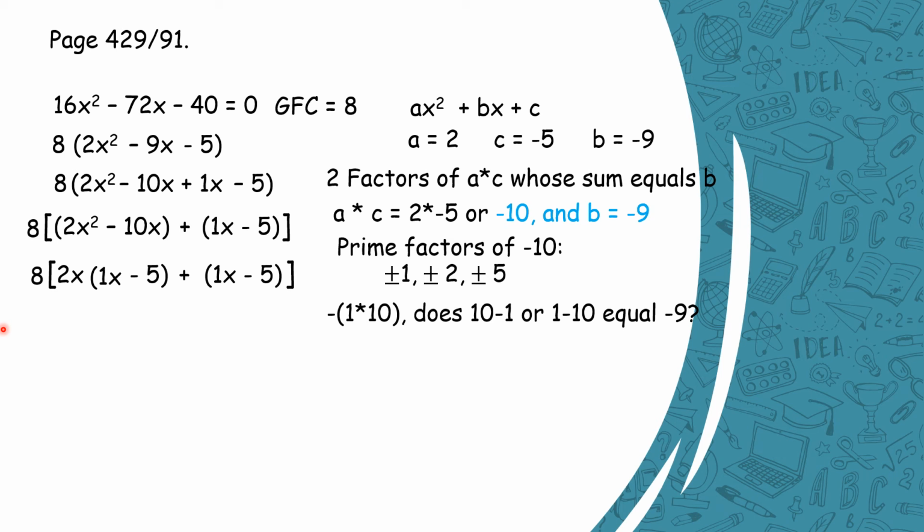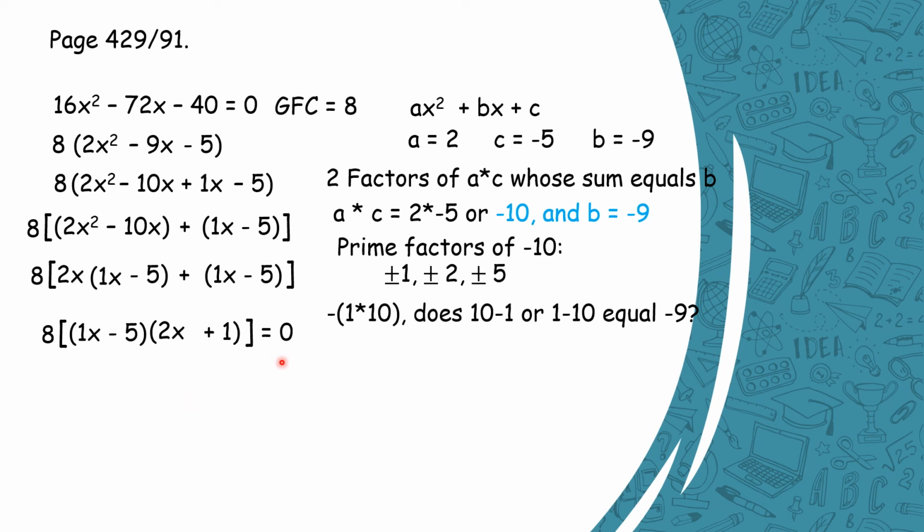And all of this is multiplied by 8. Again, we can see that 1x minus 5 is in both of these two terms. We can factor that out, leaving the first term with 2x. And because we took the whole entire thing on the second, the only factor left is 1. And all of this is multiplied by 8.